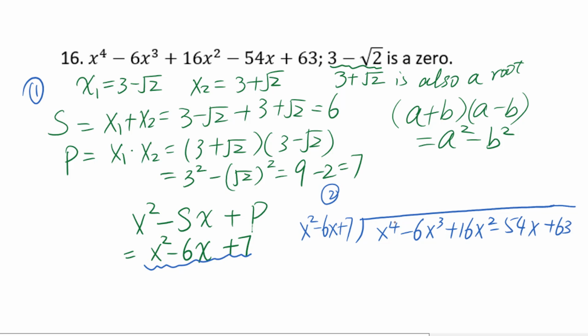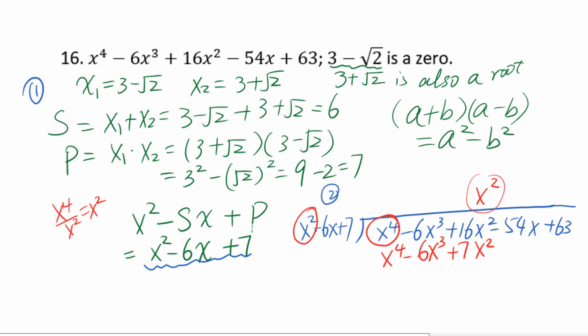For long division, leading power, x fourth over x squared equals x squared. x squared times x squared minus 6x plus 7 gives x to the fourth power minus 6x to the third power plus 7x squared. Then subtract. We change into addition by changing the sign.